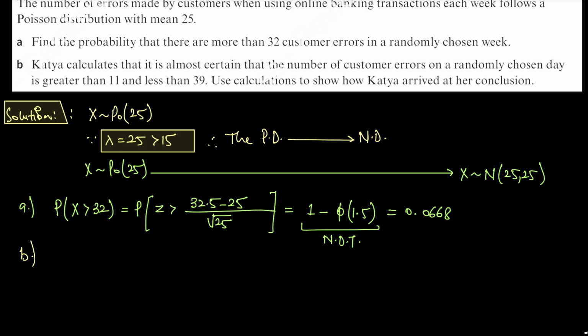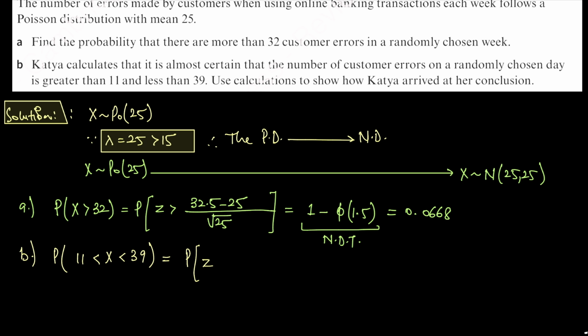Now we are moving on to part B, where the question is saying that Katya calculates that it is almost certain that the number of customer errors on a randomly chosen day is greater than 11 and less than 39. So the question is saying the probability of X being less than 39 and greater than 11. How are we going to calculate this? We will calculate the Z values first.